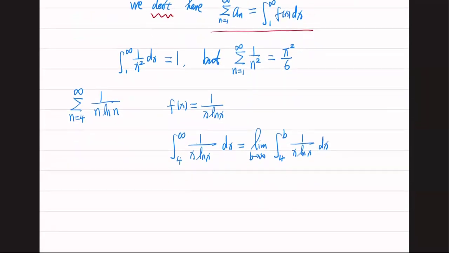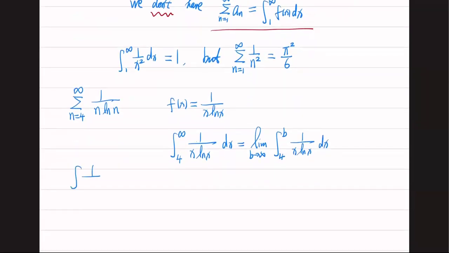Now we need an antiderivative of this. How do we find an antiderivative? If we ignore this logarithm, what do we have?